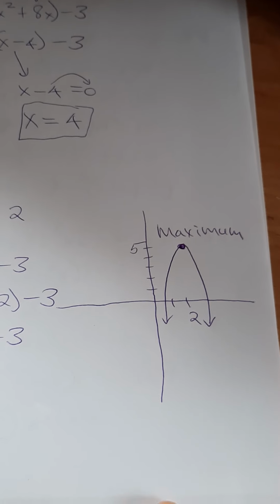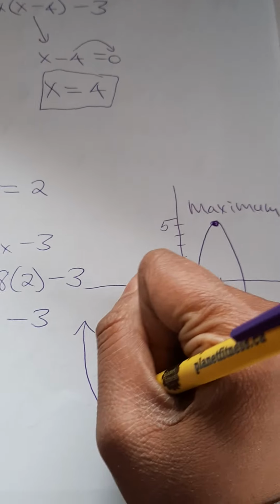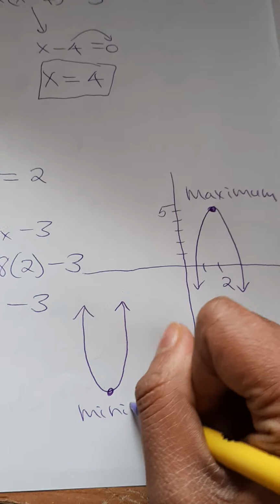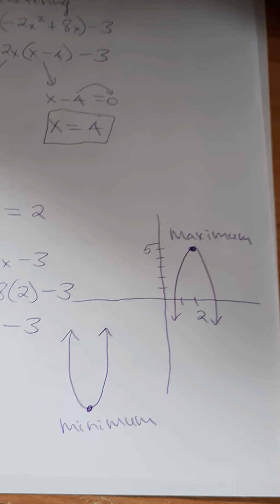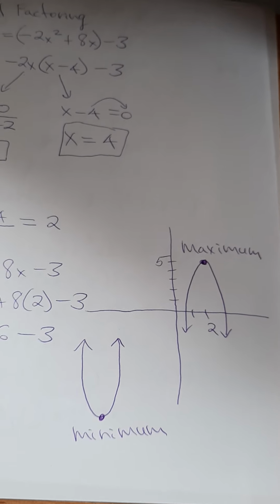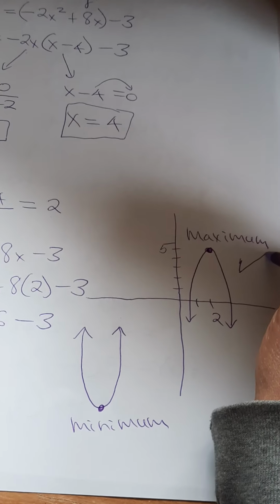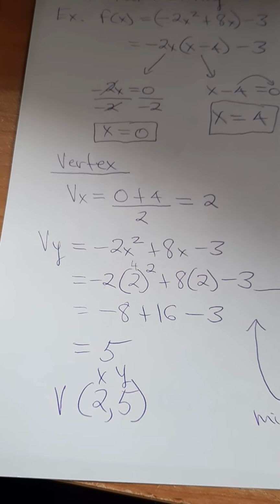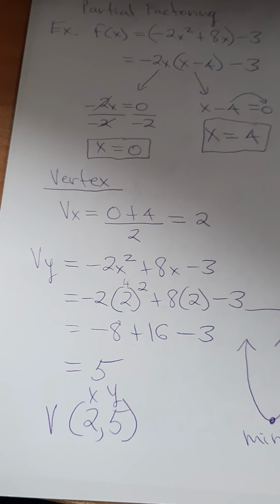Okay, and in contrast, if you have a parabola that opens upwards like this, and you can see the vertex is on the bottom, in this case, this would be a minimum. Okay, so I can see the definition for the maximum and minimum is coming from whether or not the parabola is opening upwards or downwards. All right, and that's all you're doing over here, okay? So what we are producing here is a maximum with our vertex of 2 and 5. All right? All right, so that looks good.